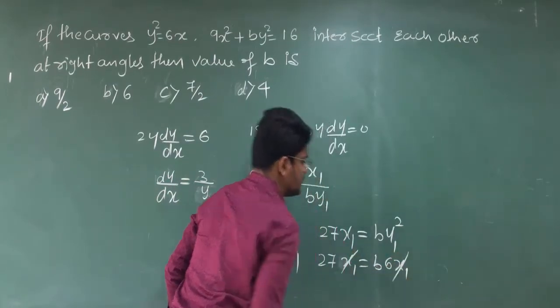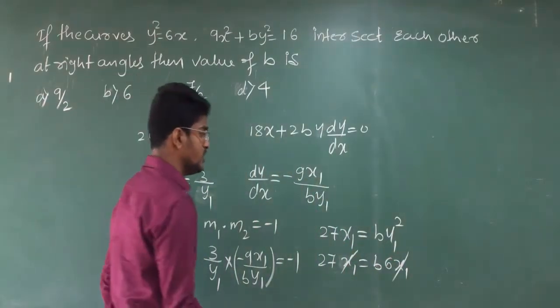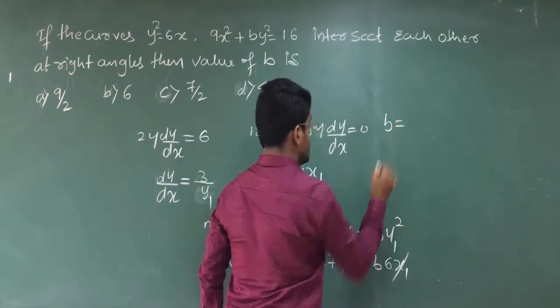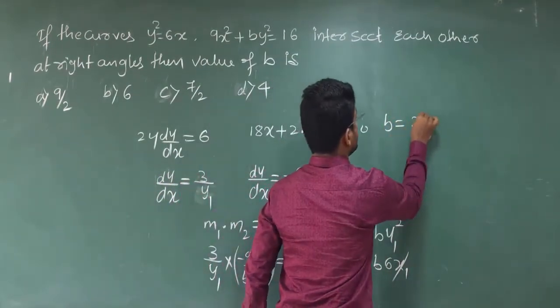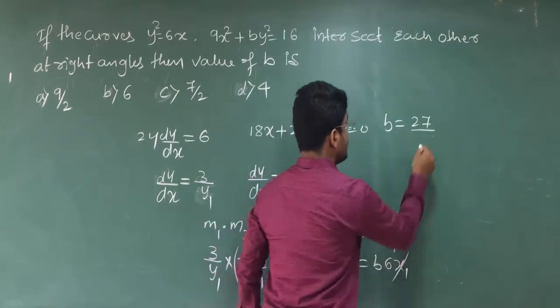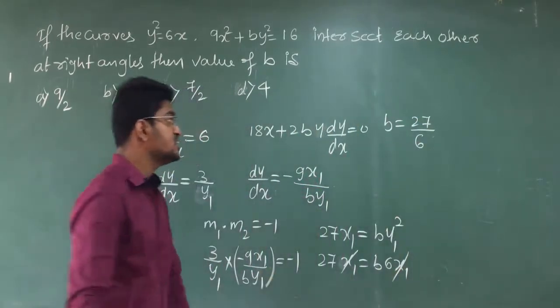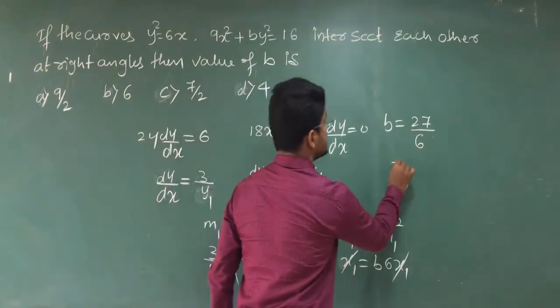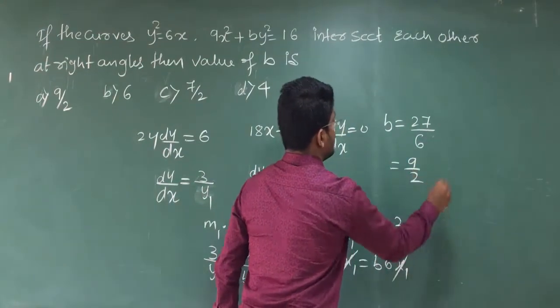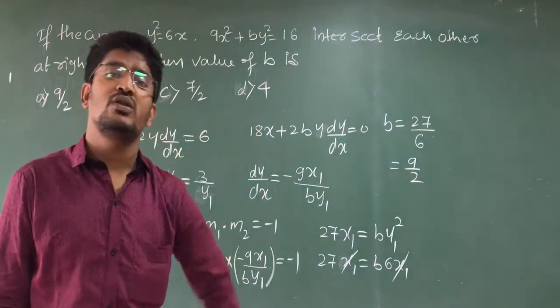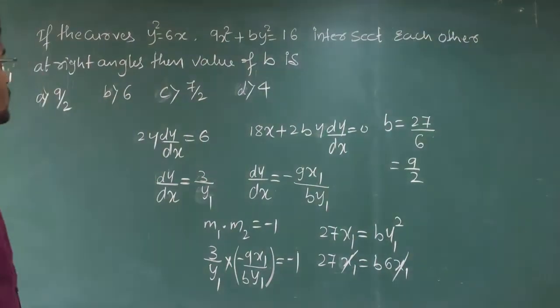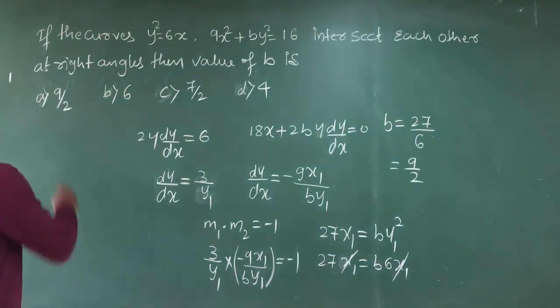So x1 will get cancelled. Therefore, b equal to 27 by 6. Therefore, this is nothing but 9 by 2. So b will be equal to 9 by 2. So answer is your option A.